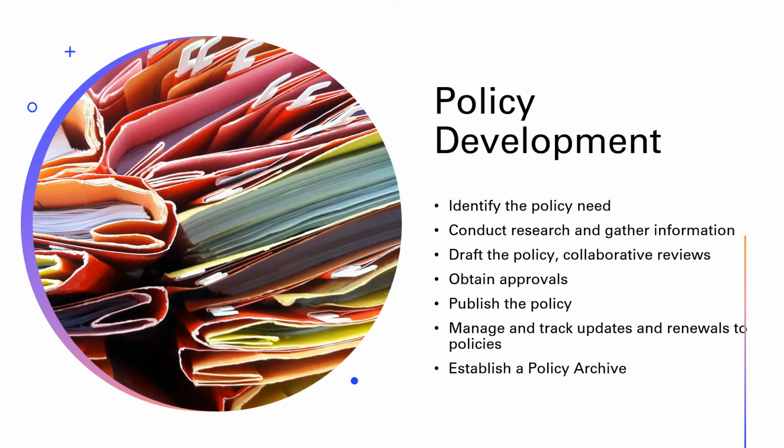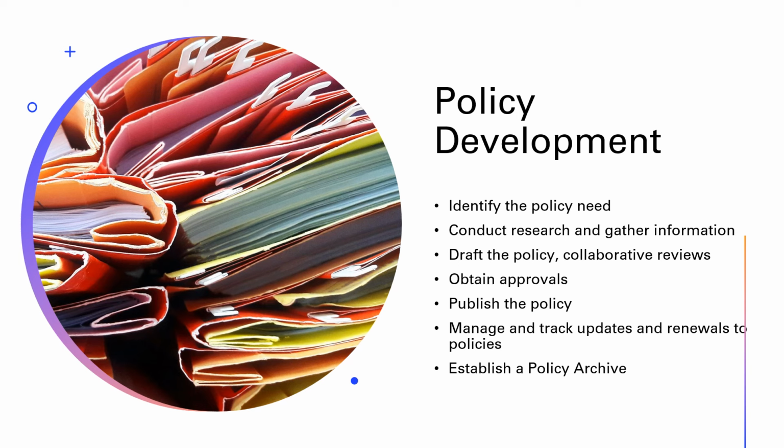And then the next step is really let's develop the policy. So you identify a policy need, and whoever's writing the policy, typically you should have an owner of a policy or an author, if you would. And they're going to conduct research, gather information. They may actually go out and find what other companies are doing for this type of policy.